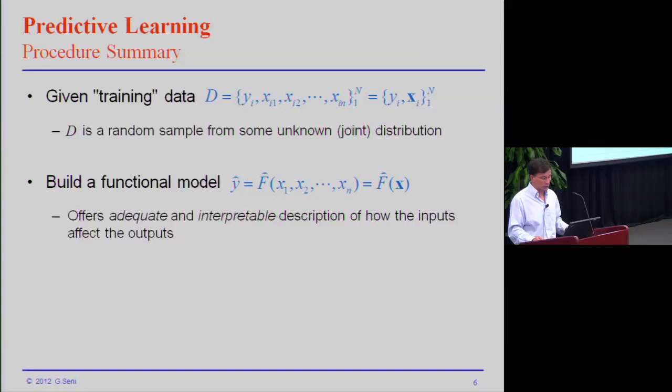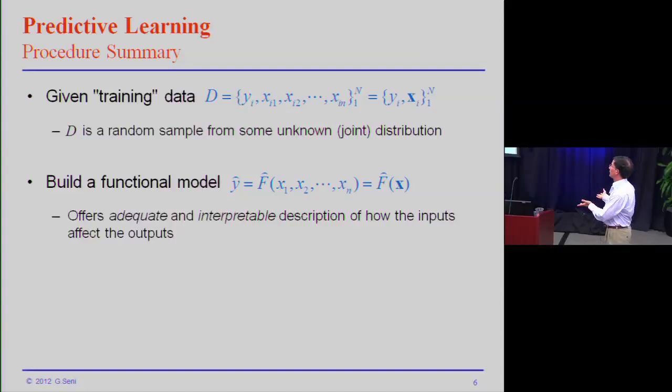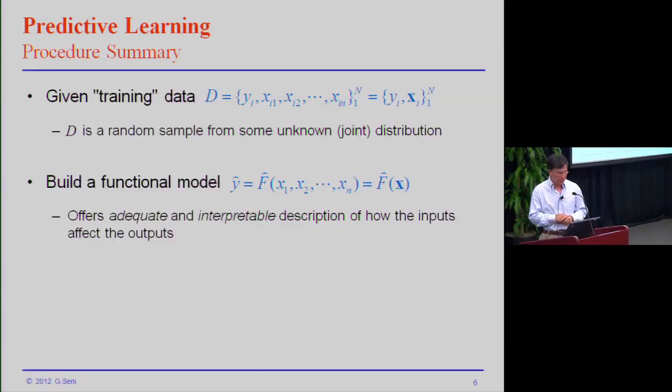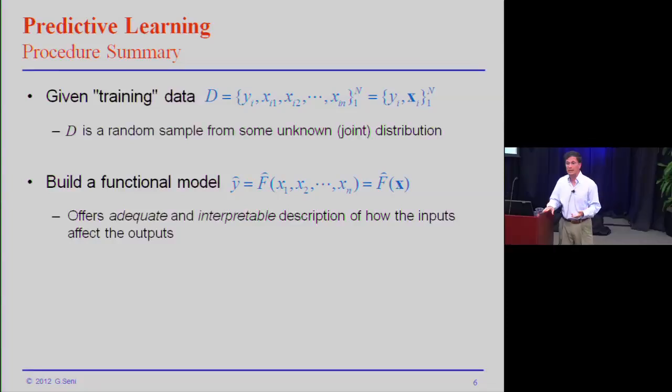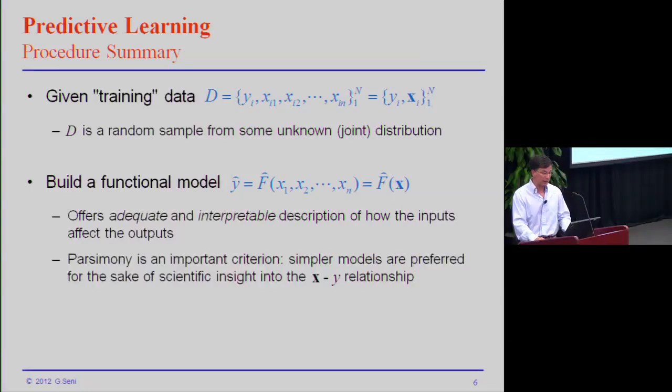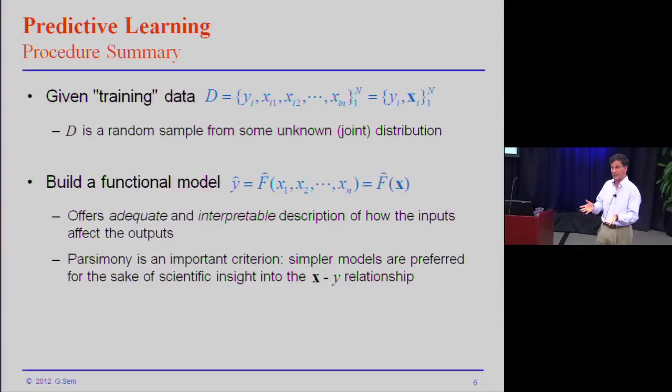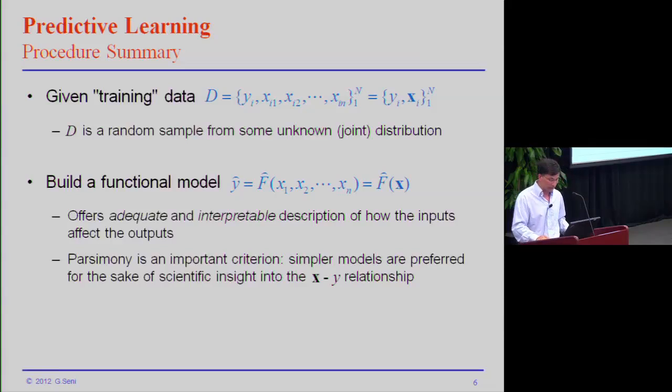And then we want to use this data to build a model that offers an adequate and interpretable description of the connection between the input and the output. Adequacy, or goodness, is often defined in terms of prediction accuracy, but parsimony is often an important criterion as well. It's the idea that simpler is better, even if it's just for the sake of insight.